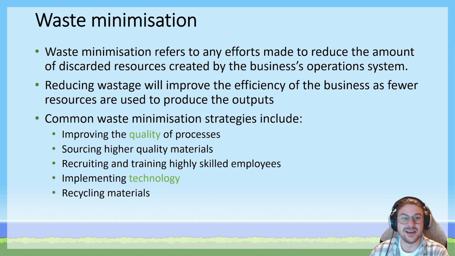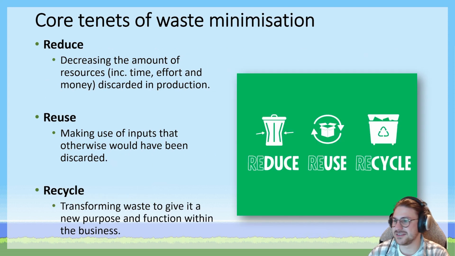Implementation of technology will help minimize waste, and it will certainly help achieve other objectives also. And then certainly recycling materials will help minimize waste and probably help you minimize costs associated with operations. So there are all sorts of objectives that also benefit from efforts to minimize waste.